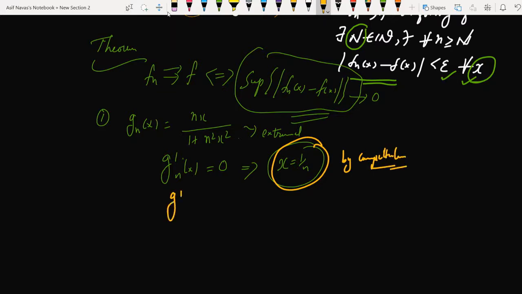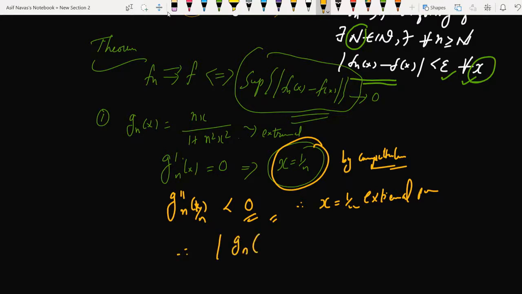Then we will find g_n''(x) at x equal to 1 by n. This is less than 0, therefore by computation x equal to 1 by n is the extremal point. Then we will check |g_n(1 by n) minus 0|.